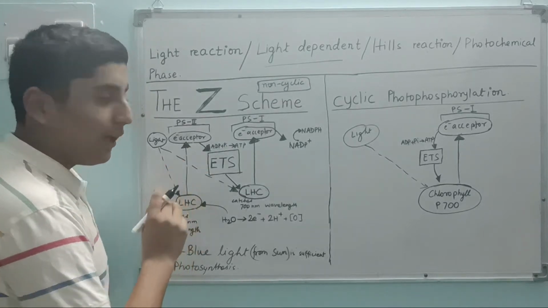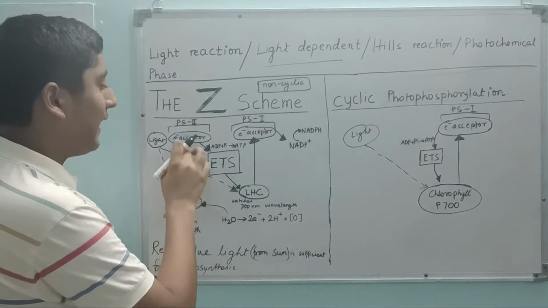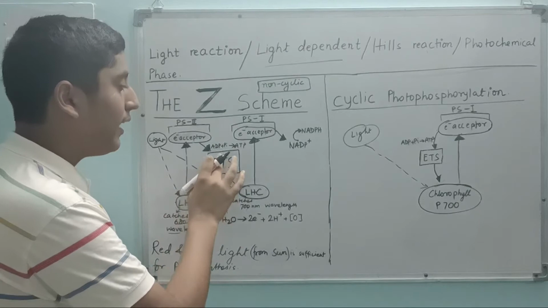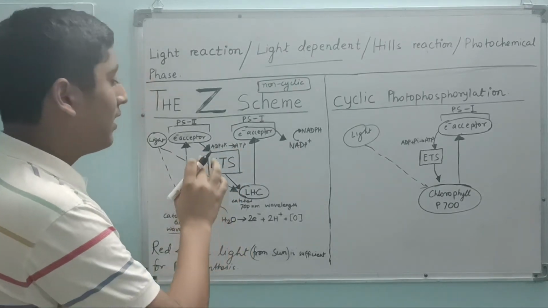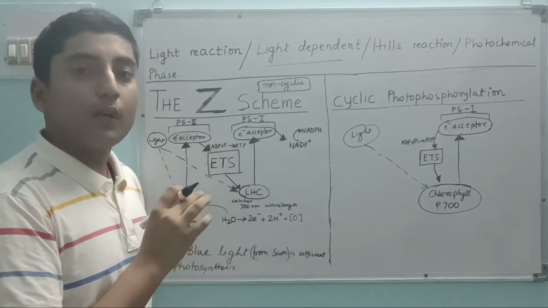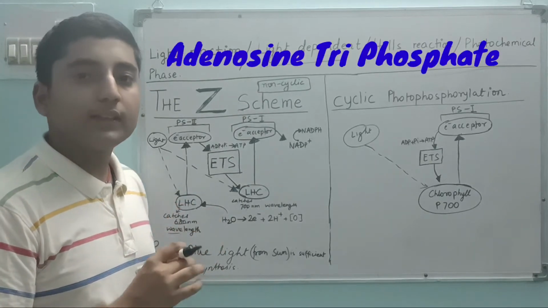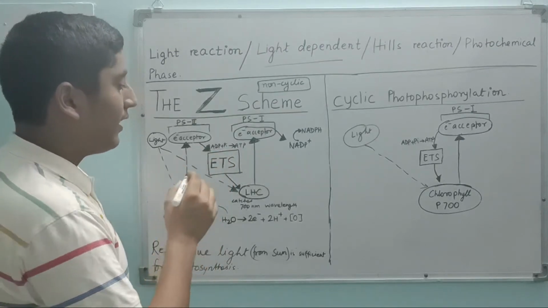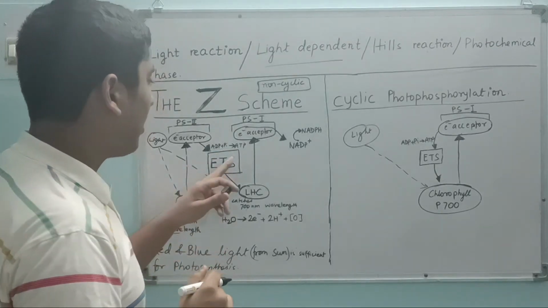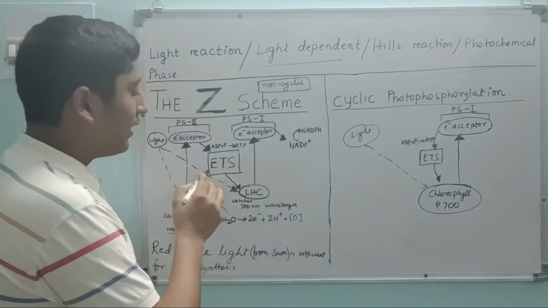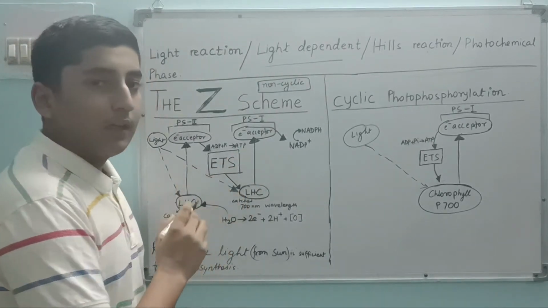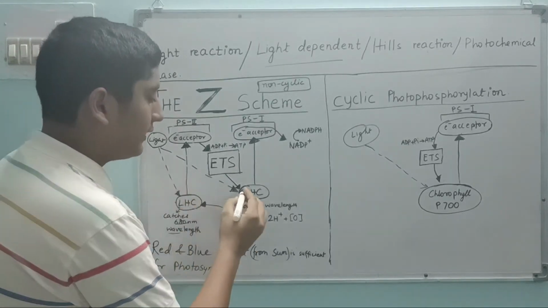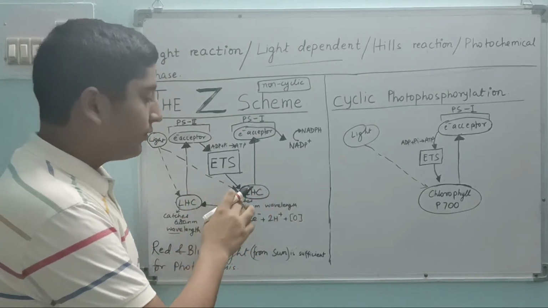The electron acceptor catches the electron, and it then moves to the electron transport system, ETS, where ATP gets synthesized from ADP attached to inorganic phosphate. The full form of ATP is adenosine triphosphate, and adenosine diphosphate, when attached to inorganic phosphate, forms adenosine triphosphate. The electron moved from ETS gets moved to photosystem 1, again to the LHC.